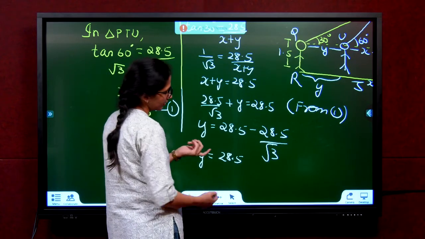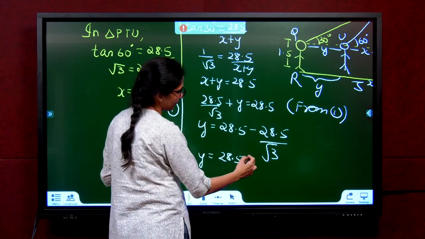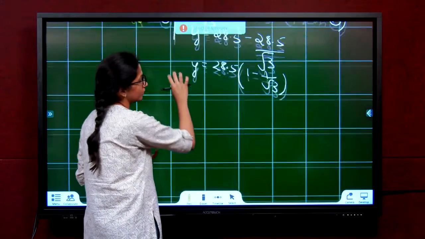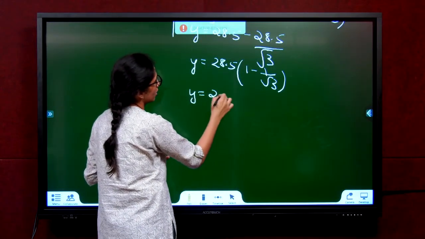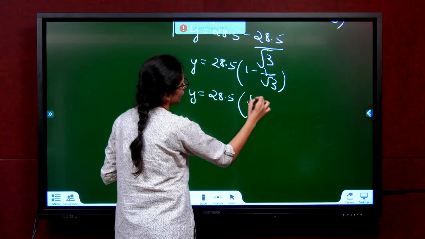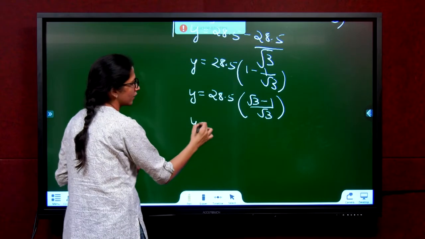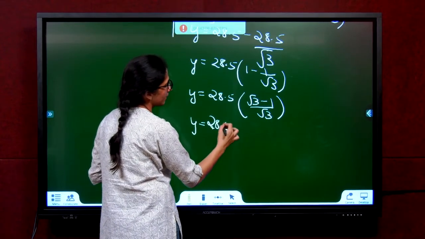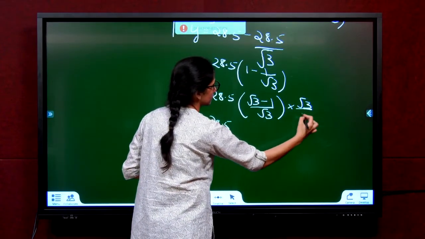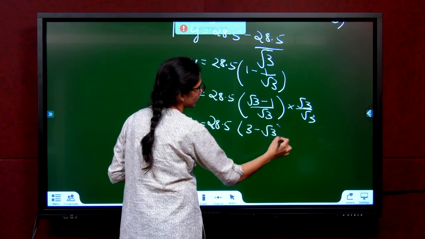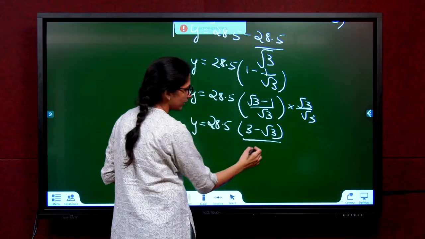Your other method is, since 28.5 is common, I'll take 1 by 1 minus root 3 here, because decimal multiplication is too long. 28.5 root 3 minus 1 after LCM. I don't want the root 3 in the denominator, so multiply and divide with root 3. So it becomes root 3 into root 3, 3 minus root 3 divided by root 3 into root 3, 3.